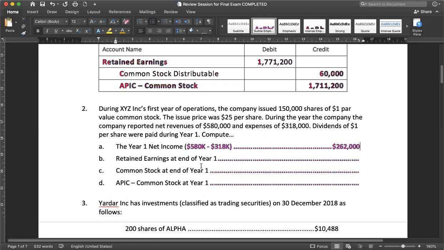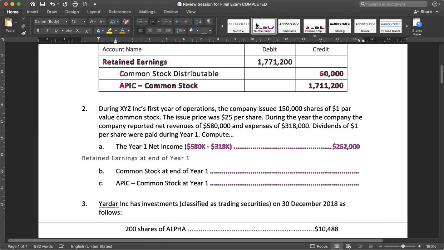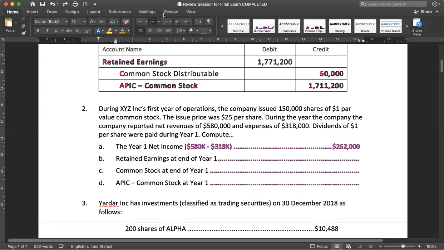Now, the question asks, well, what's in retained earnings at the end of year one? And recall that retained earnings, the beginning balance for XYZ is going to be zero because this is their first year of operations.